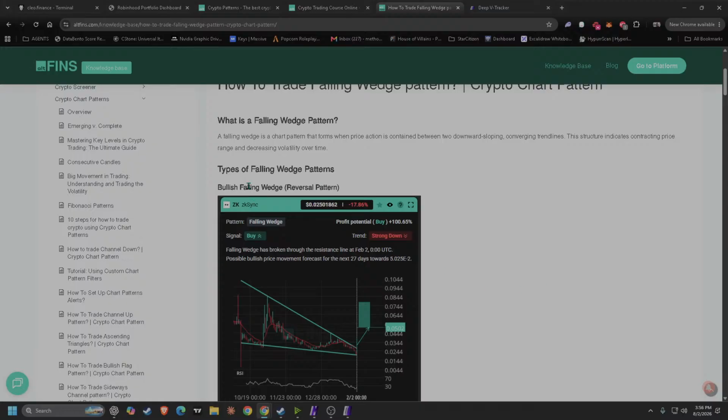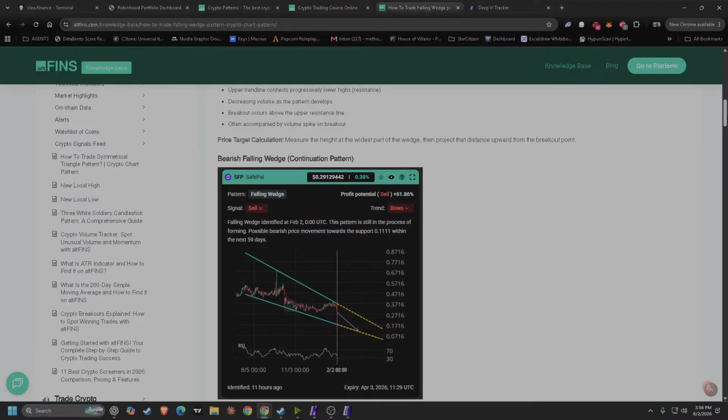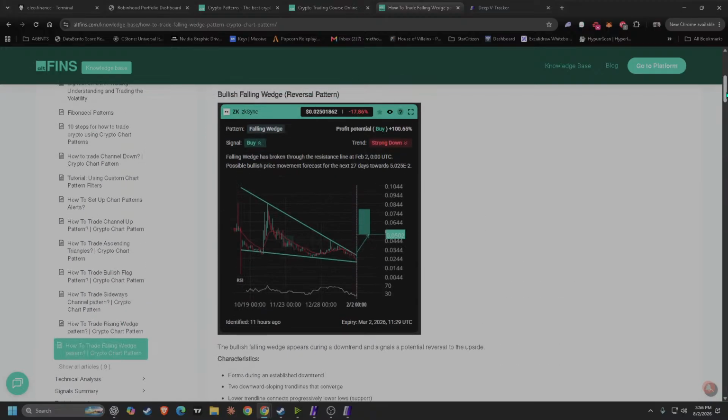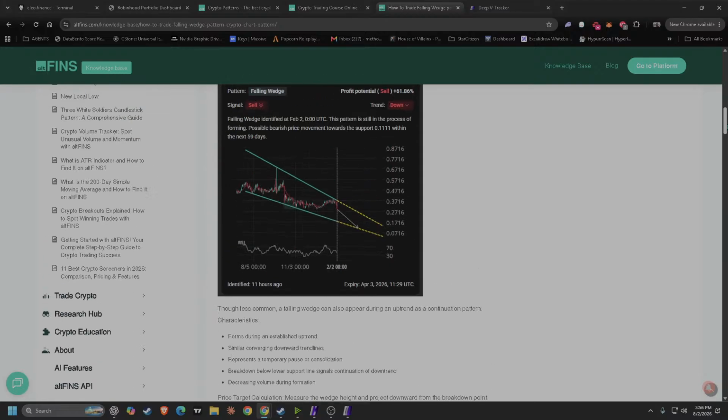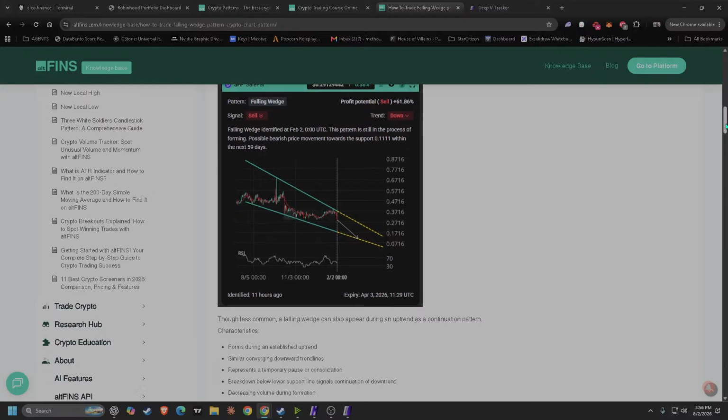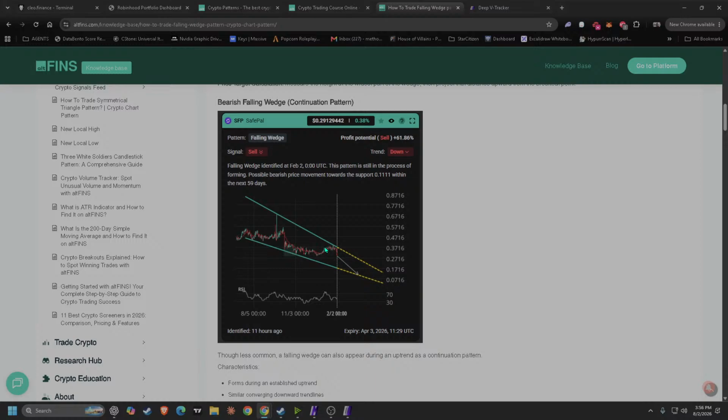So that's why it could get confusing, right? Because they're both falling wedges, but you can play it as a reversal or you can play it as a continuation. You can kind of see the difference. On the continuation, it's kind of rounded up here and it's losing steam, so it's going to continue to go down.